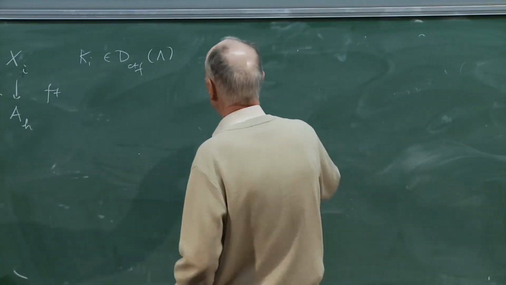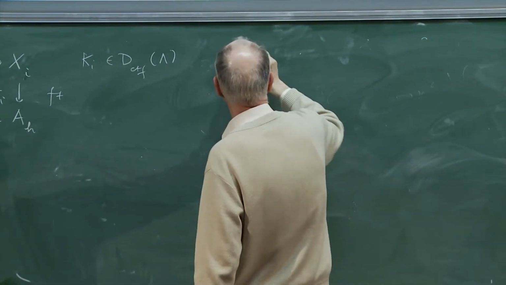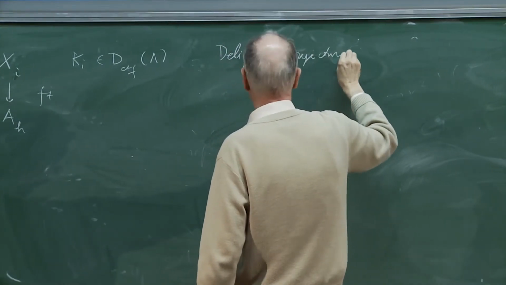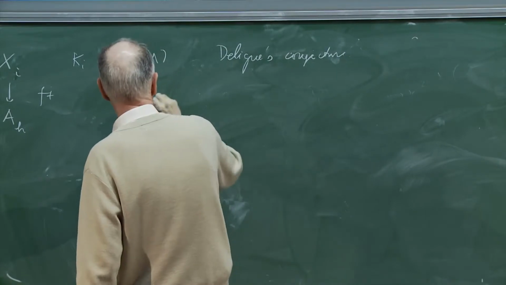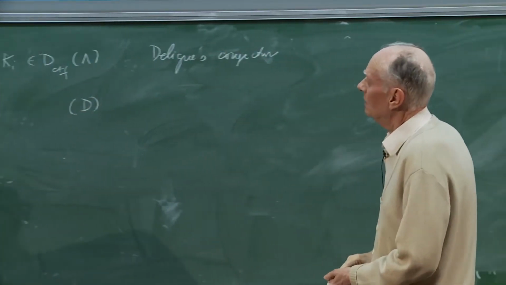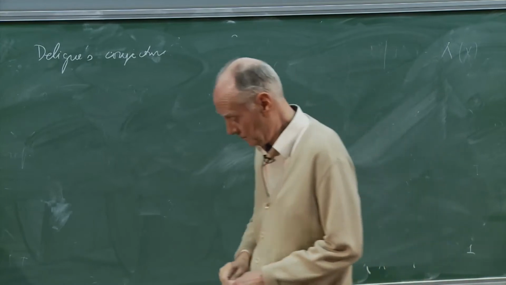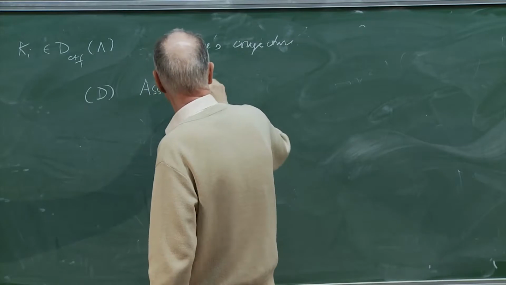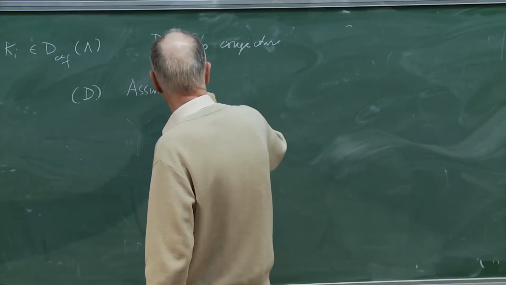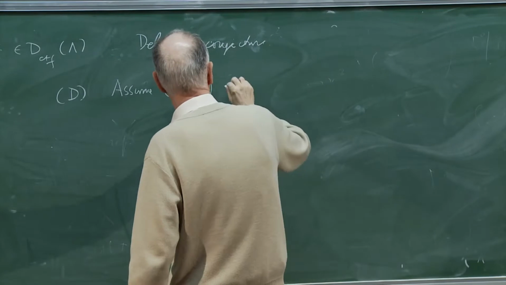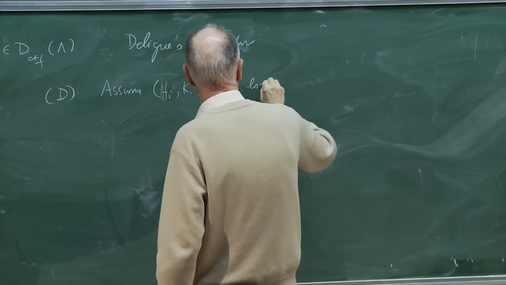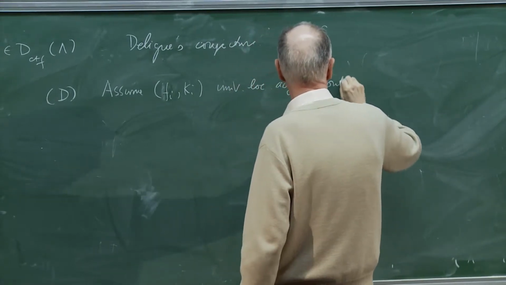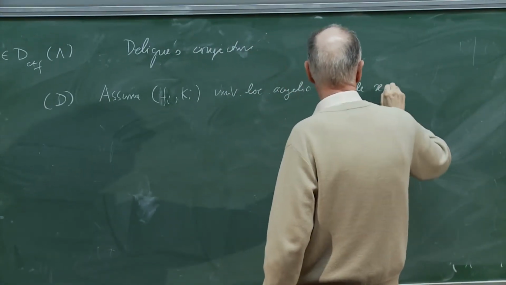Then the Deligne conjecture, let's say D. Assume that Ki, or assume Fi Ki is universally locally acyclic outside xi.